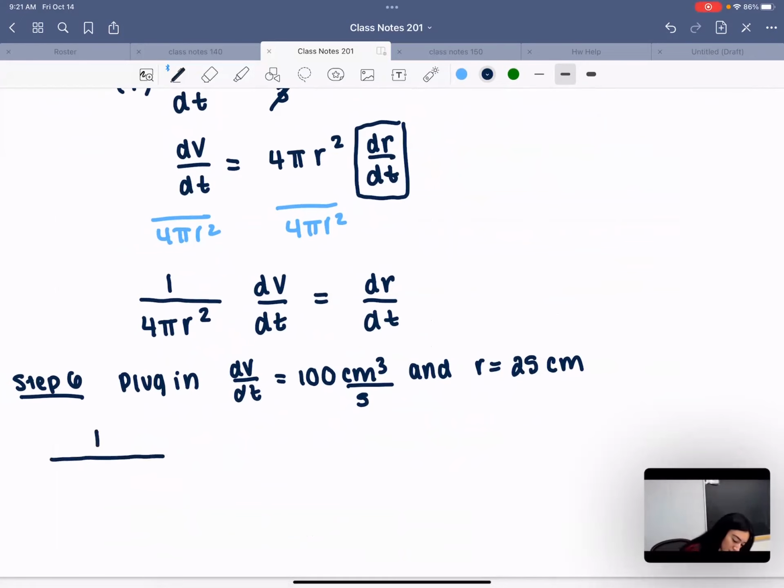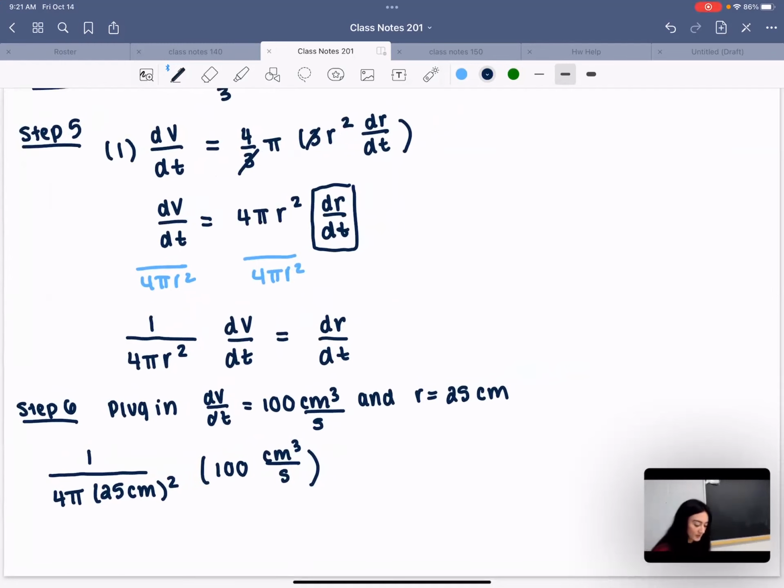We have 1 over 4 pi times 25 centimeters squared, and dV dt is 100 centimeters cubed per second. Before we do this, maybe we should square the 25.